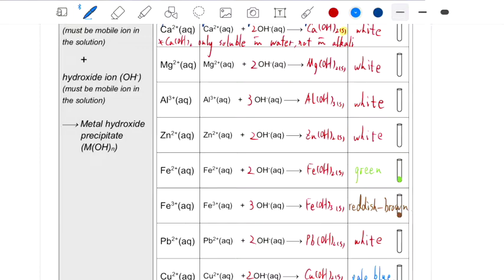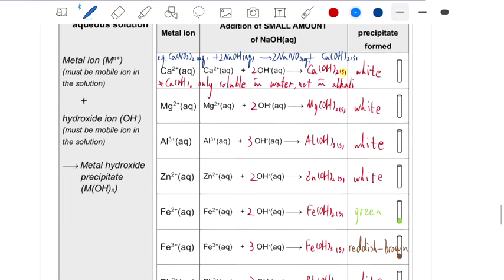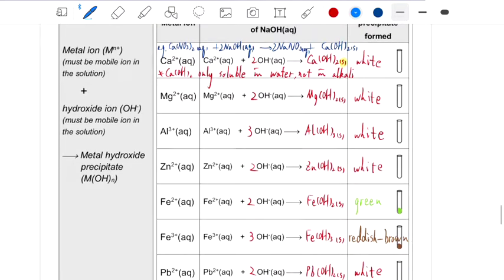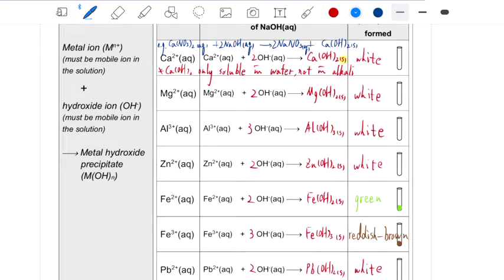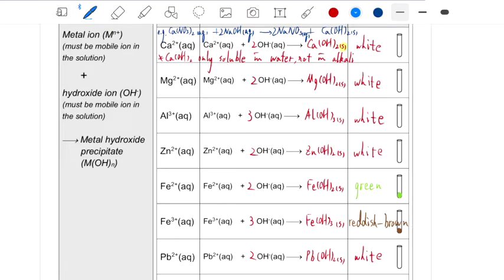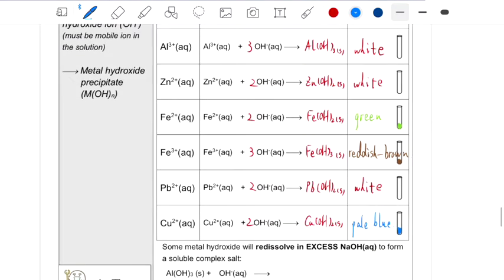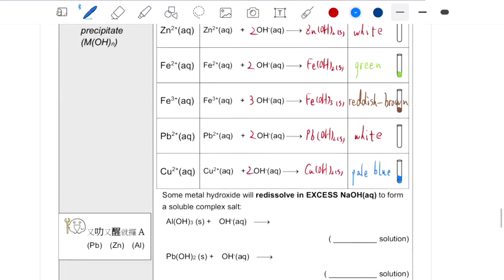Those metal cations, when they react with hydroxide, form precipitates. However, when we add excess sodium hydroxide into the test tubes, some of the precipitates will actually redissolve.